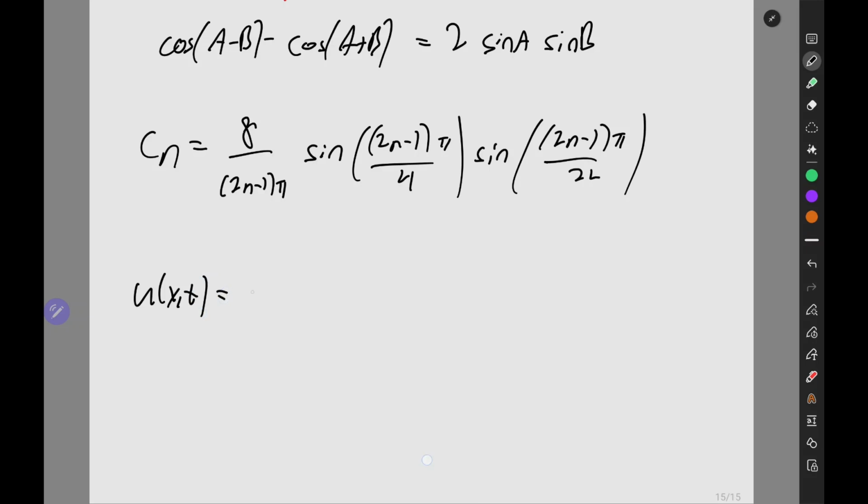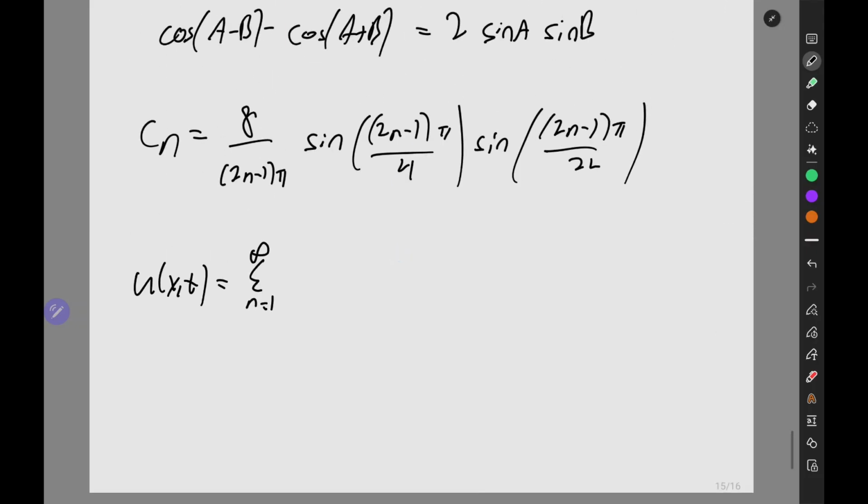So then u of x,t is going to be the sum to infinity. What is it? C sub n. So pull out the 8 over pi. We can. I'm trying to write it like this.